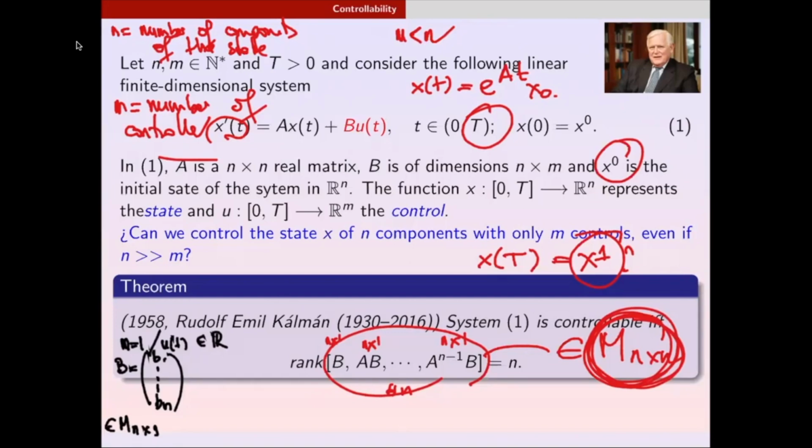Now, when the rank of this matrix is n, the system is fully controllable. What do you think happens if I compute the rank and I don't get n, I get n minus 1? What do you think happens then? Can you please tell me?